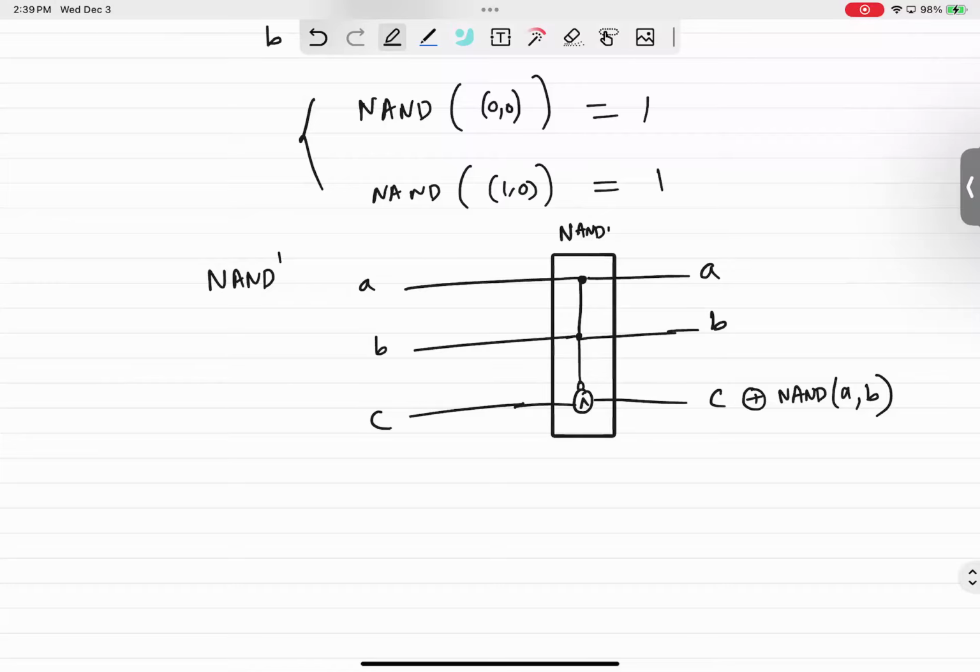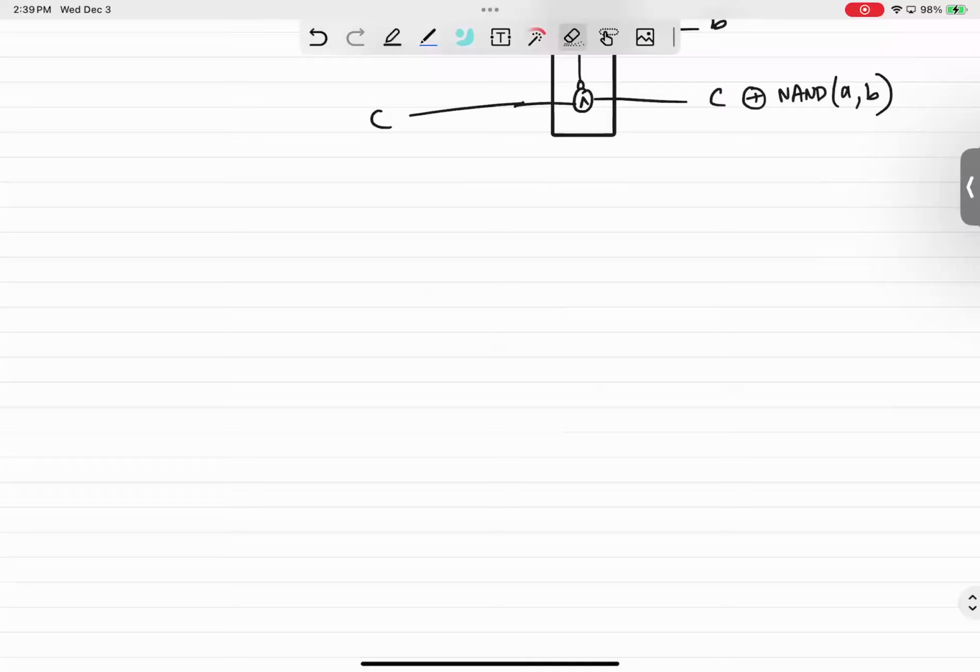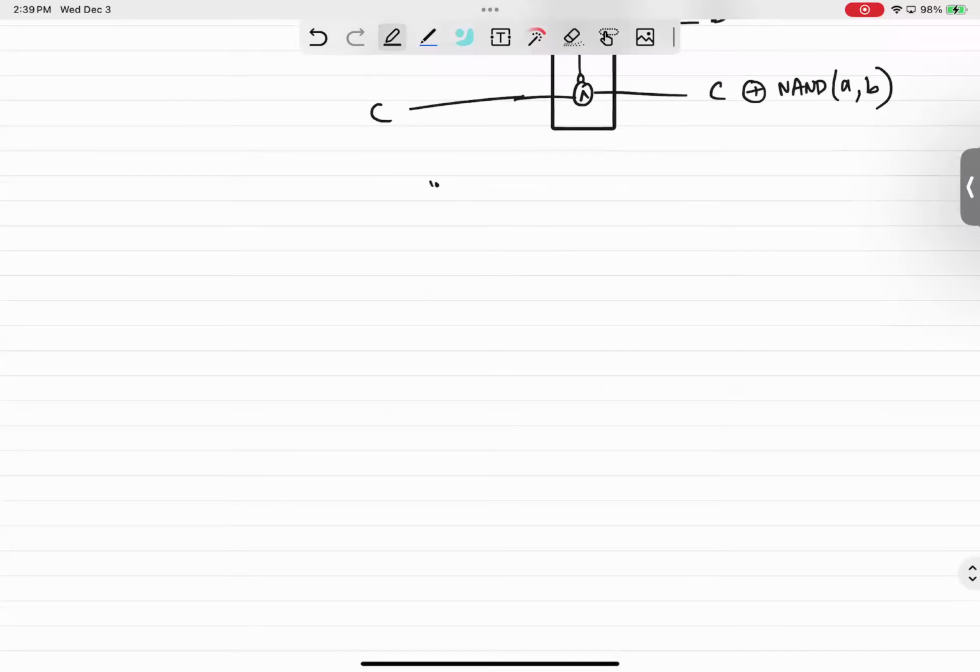So the punchline here is that this is a reversible form of NAND. Still classical, but a reversible form of the NAND gate.